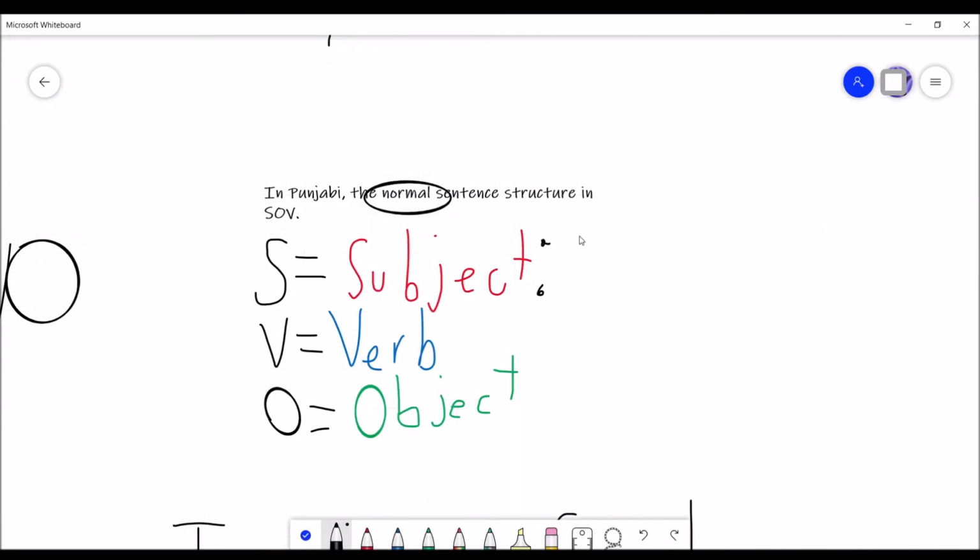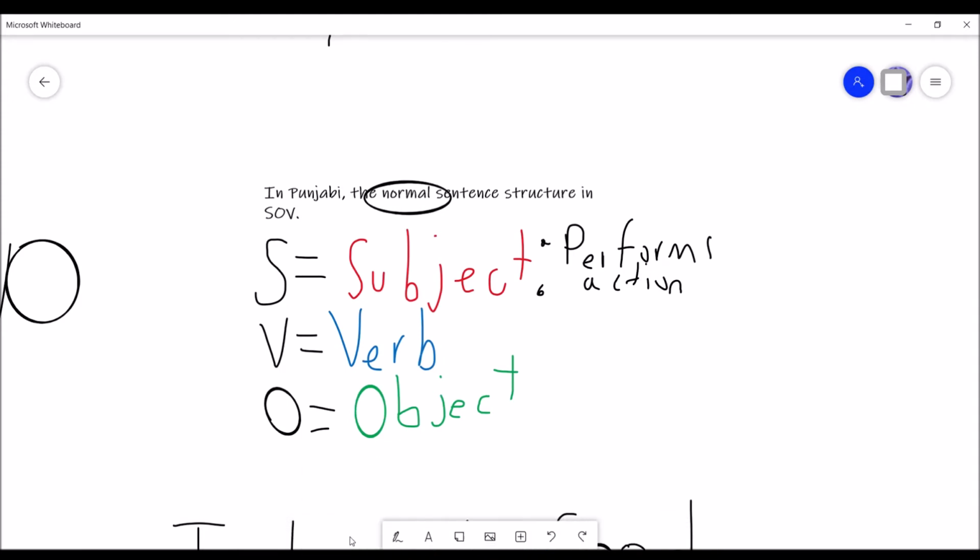So the subject performs an action. Excuse my handwriting, I'm writing with the mouse, but the subject performs an action.